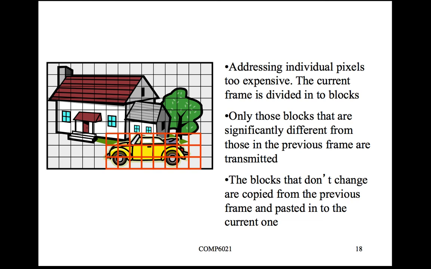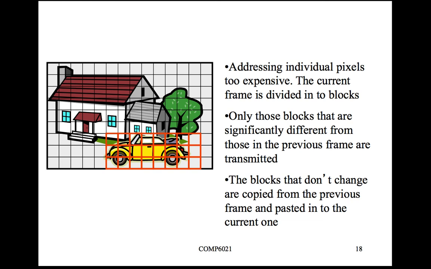So the image is broken up into blocks, and we consider it on a block by block basis. And then only the blocks that are significantly different from the previous frame are transmitted.